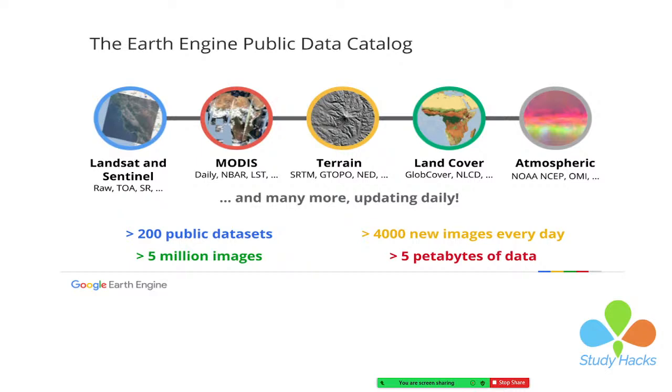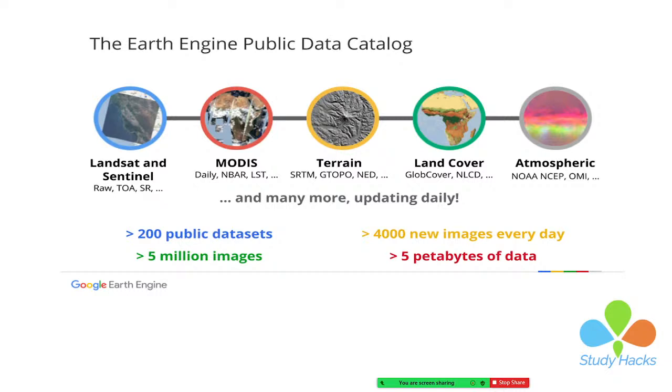We can also export different types of MODIS imagery, daily, monthly or annually, from the Google Earth Engine public data catalog. We can also work with terrain data, such as SRTM data, and get land cover data, atmospheric data, and a lot more, and it is updated daily.